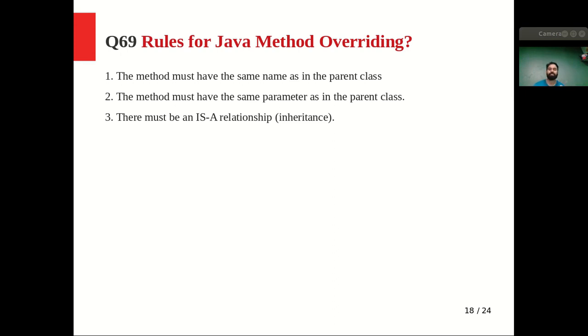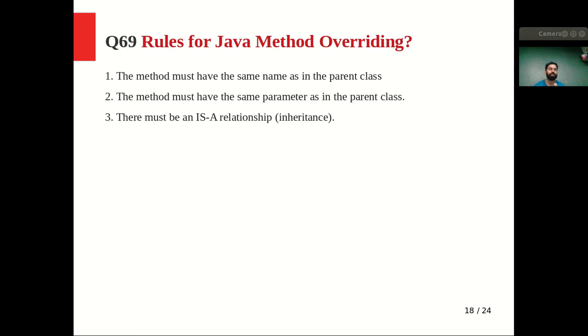And the third point is that there must be an is-a relationship, or the inheritance concept should be used between those two classes. Then only method overriding is applicable, right? So these are the very important rules which you have to keep in mind, and also you have to reply in the same way, point to point, so that it will impress the interviewer.